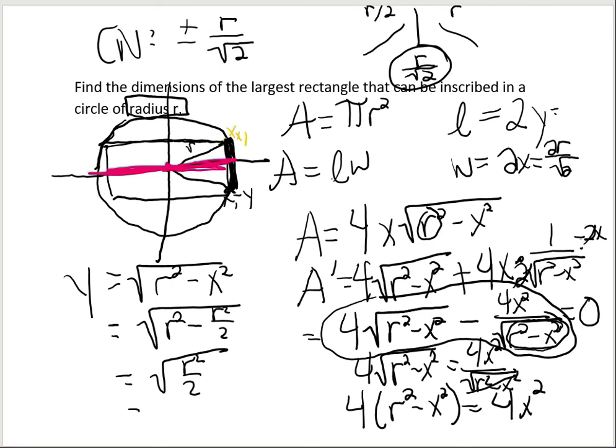So r over square root of 2, which is the same as what we had with our x. Our length is going to be the same as the width, which is 2r over square root of 2. And that gives you the dimensions of the largest rectangle inscribed in the circle of radius r.